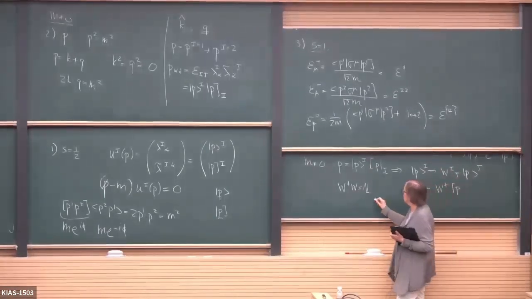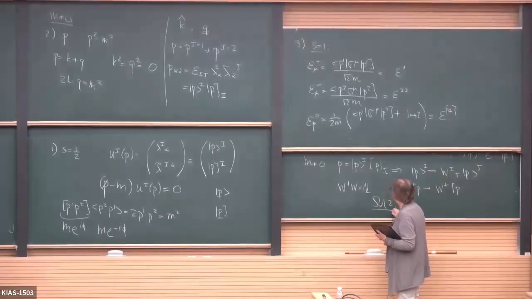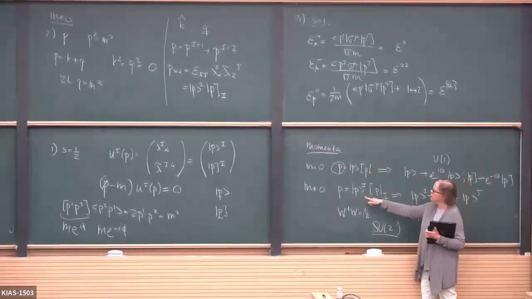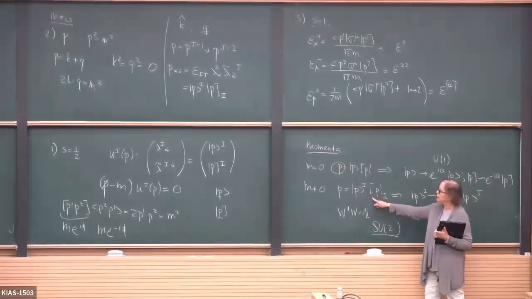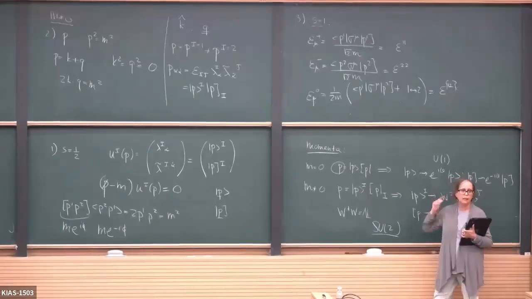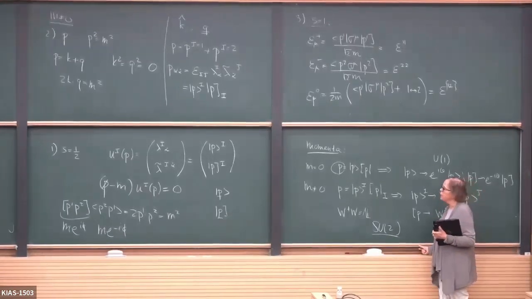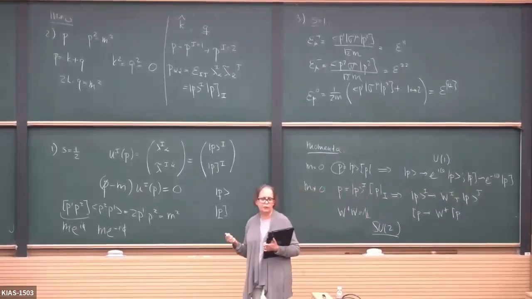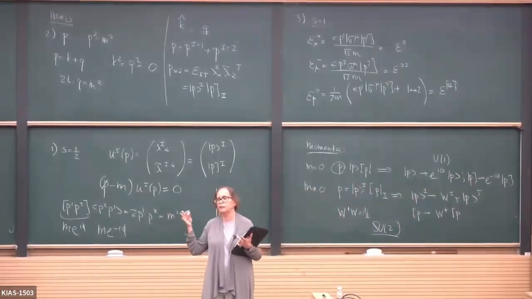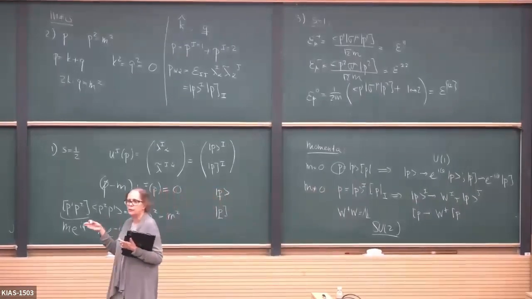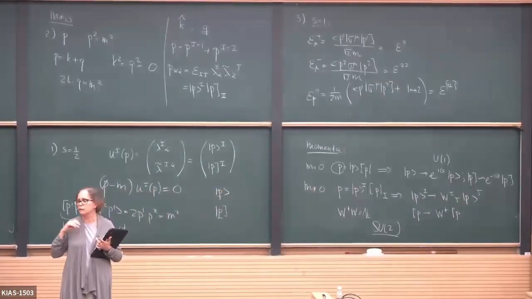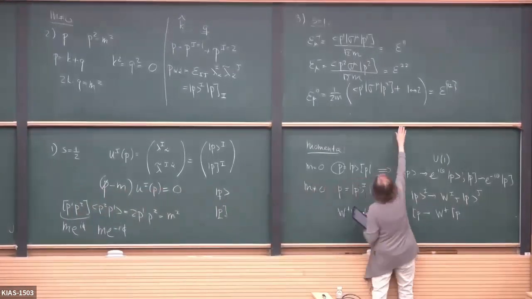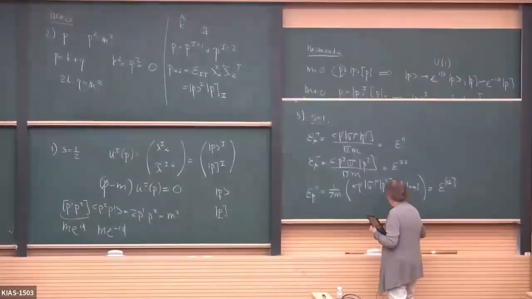So here we have an SU2 freedom. So we can redefine our spinors by SU2 matrices in this case, by U1 transformations in this case, and the momentum stays the same. And of course, you recognize this immediately as the little group transformations. The little group transformations are the subgroup of Lorentz transformations that leave the momentum invariant. And what we get here is precisely the correct thing.